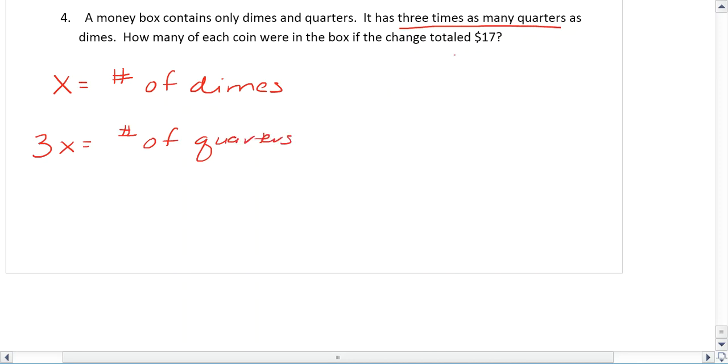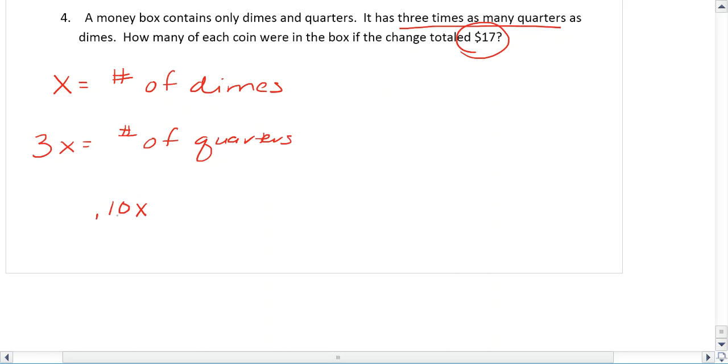We are told that the money totals $17. So we can't just add x and 3x and say that that's 17, because x is just the number of dimes. If we want to turn this number of dimes into money, that's when we have to use 0.10 times x.